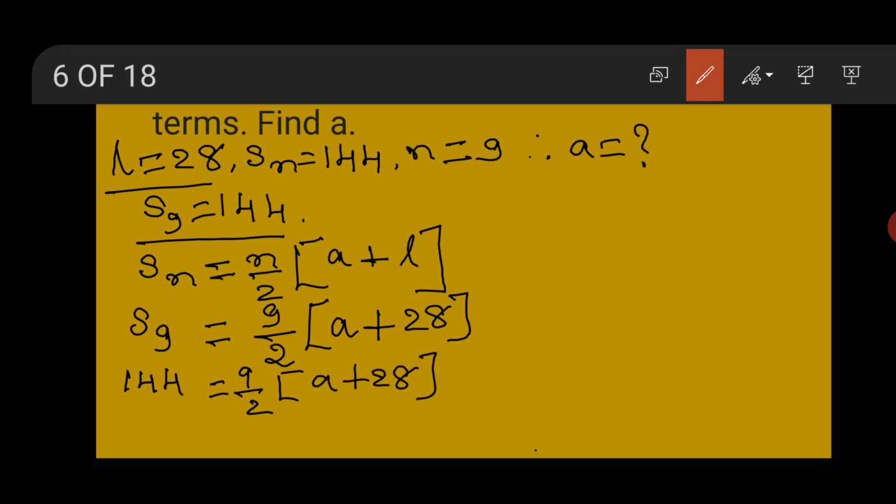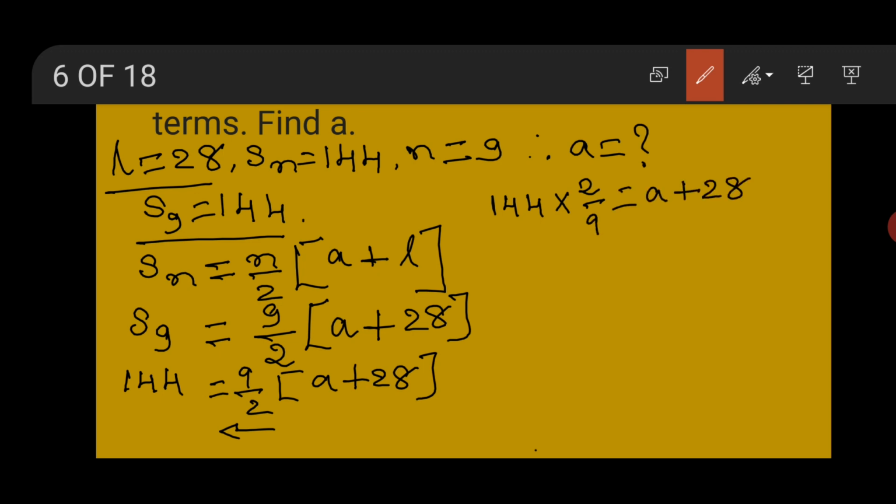Now carry 9 divided by 2 to this side. It becomes 144 into the reciprocal of 9 by 2, which is 2 divided by 9, is equal to a plus 28.